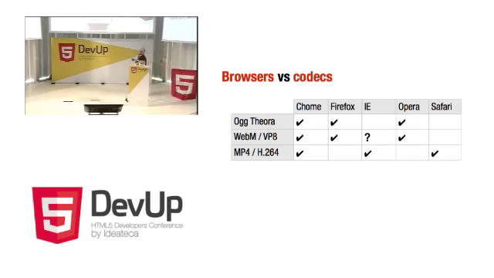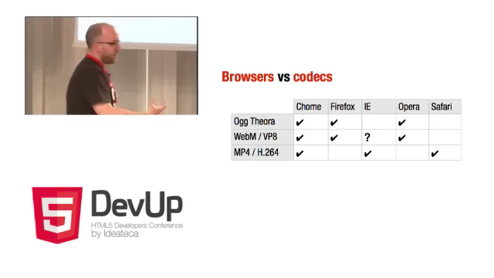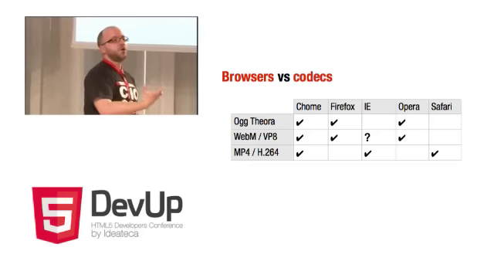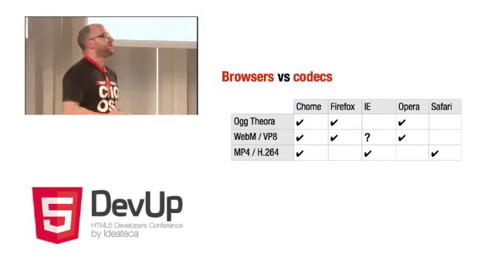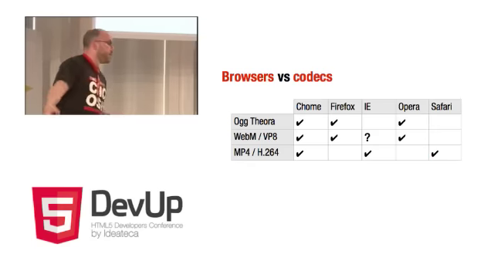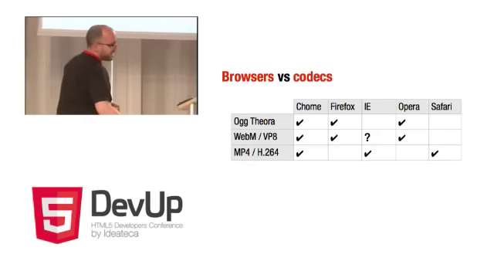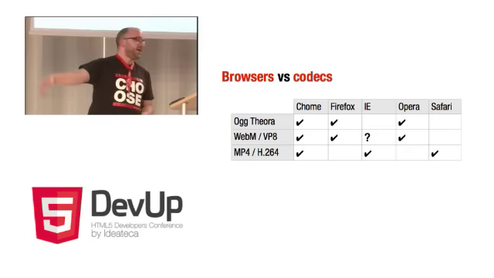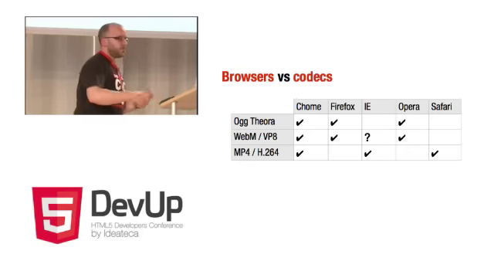In Opera's case, I can't talk for the other players, on devices we hook into the hardware itself. Your mobile phone very likely has MP4 H.264 decoding hardware, and we will hook into that. So Opera Mobile on devices can play MP4 H.264 quite nicely. But on desktop in particular, there is no one codec that will save you the work.